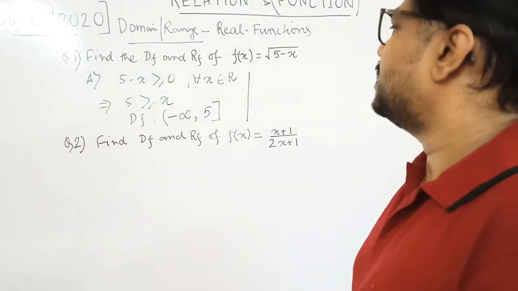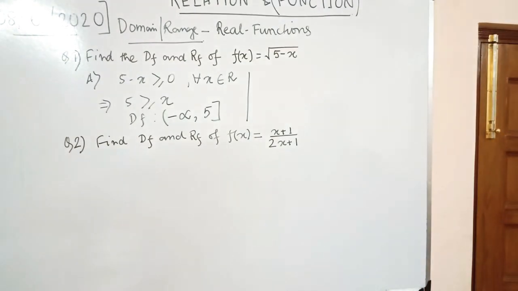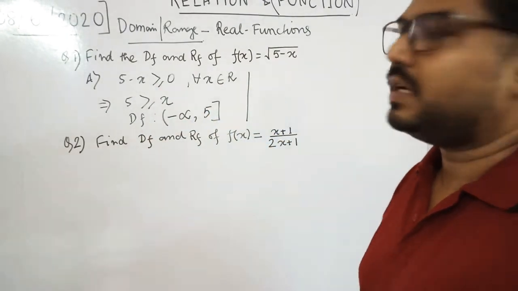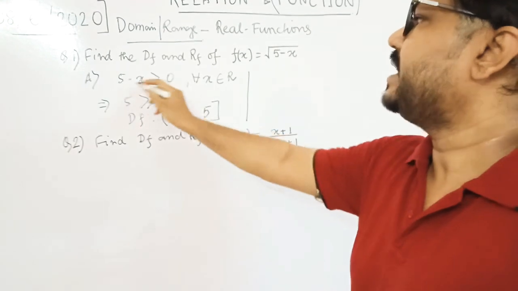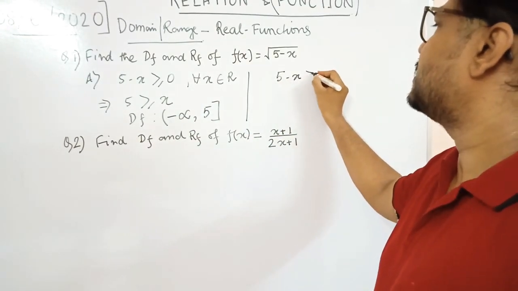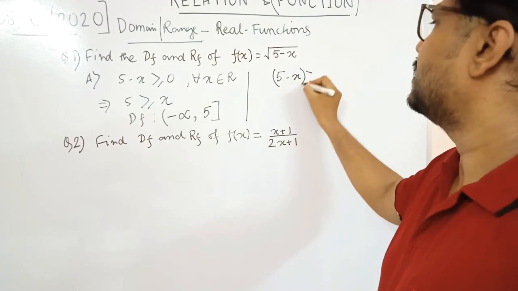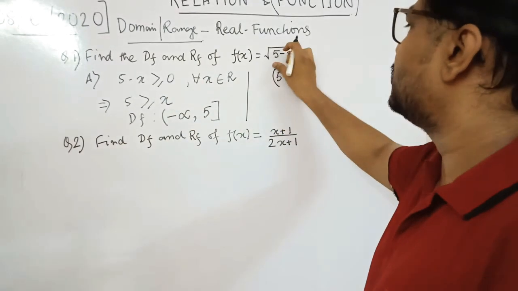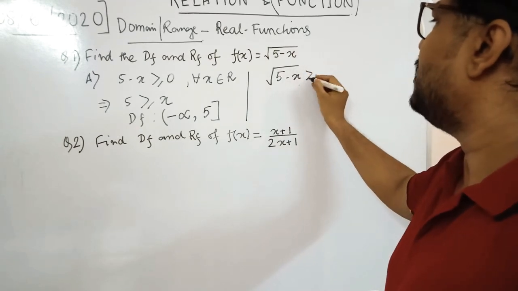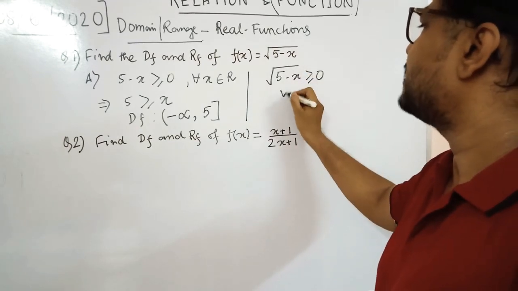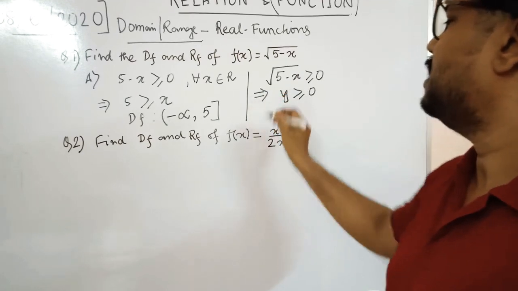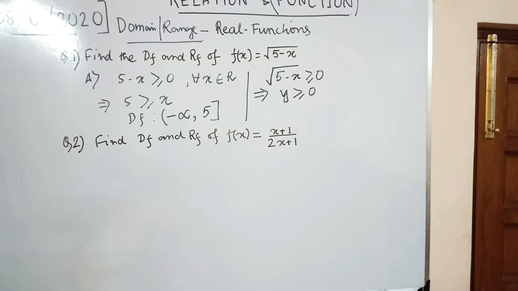Now let us come to the range part. Since 5 minus x is already greater than or equal to 0, if you take out its root, that will also be greater than or equal to 0, which is the replacement of y. So here we get y greater than or equal to 0.